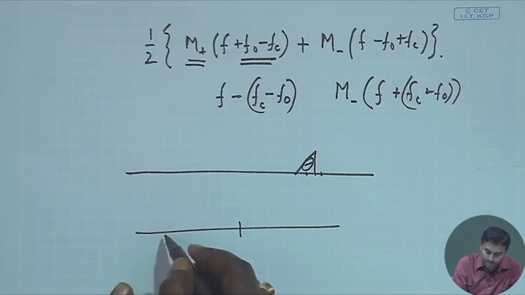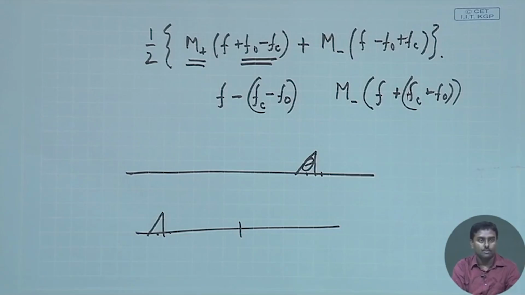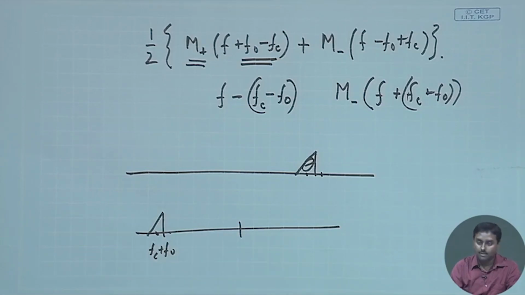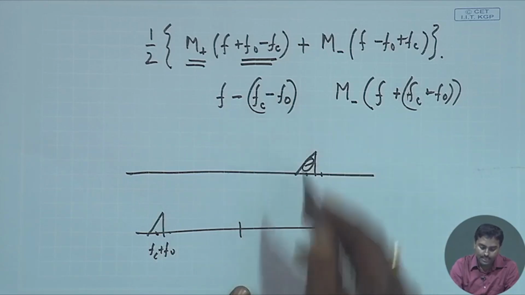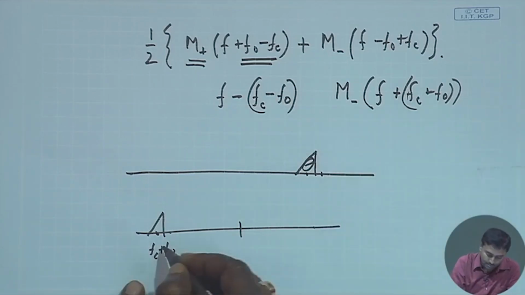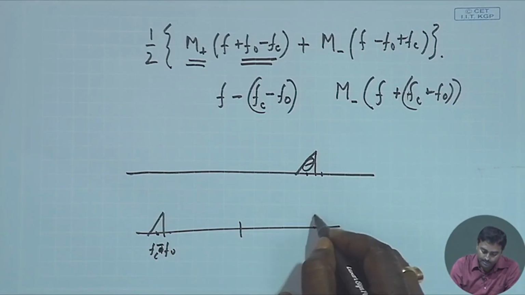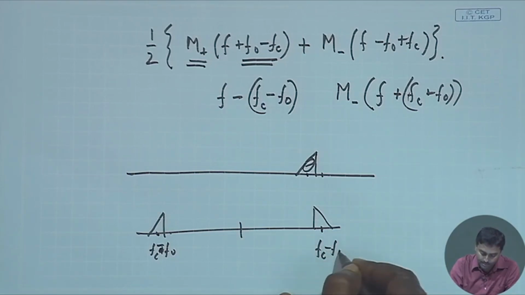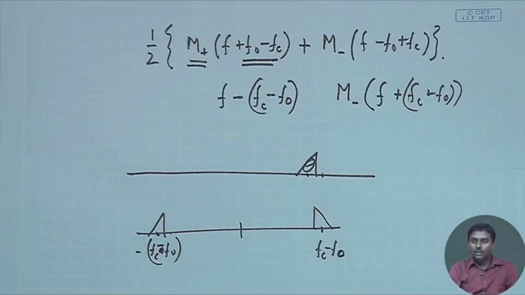So, that should be m minus at Fc plus f0. And the m plus part is centered at Fc minus f0, this is minus of that.